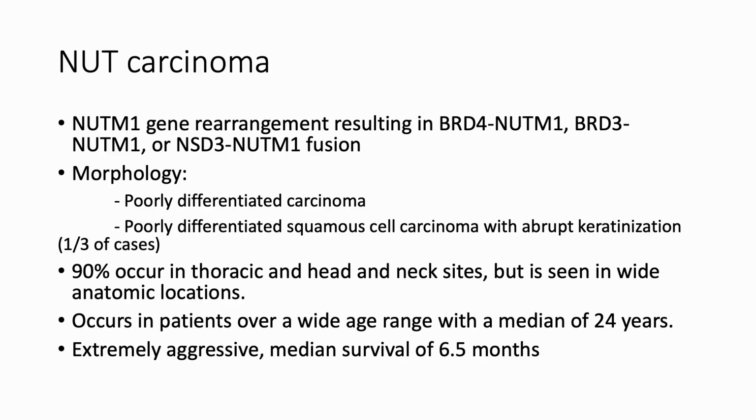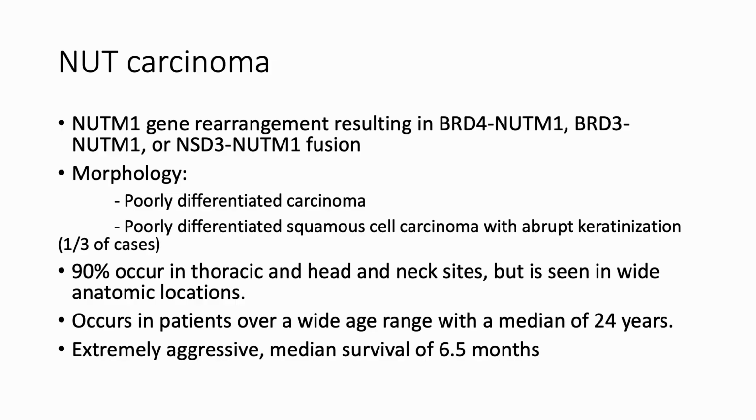NUTM1 rearrangements also occur in some sarcomas and leukemias, but with different fusion partners. Morphologically, NUT carcinoma falls into 2 categories: poorly differentiated carcinoma with no clear lineage, and poorly differentiated squamous cell carcinoma, often with abrupt keratinization. Squamous differentiation is seen in about 1/3 of cases.